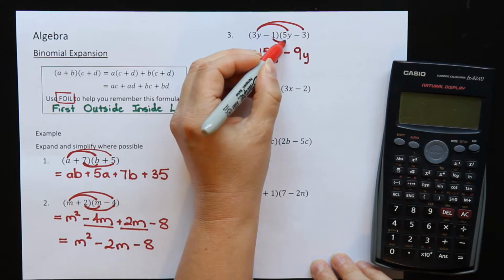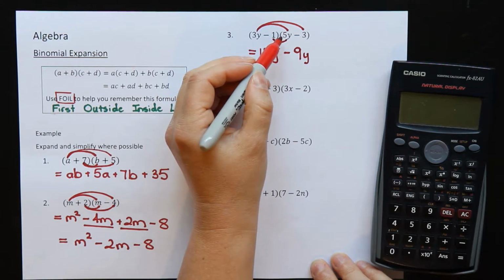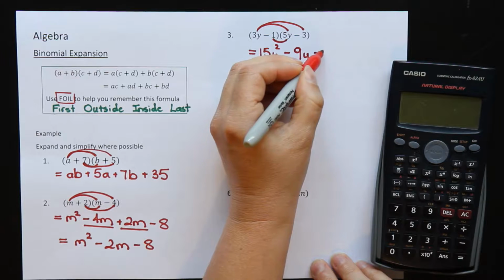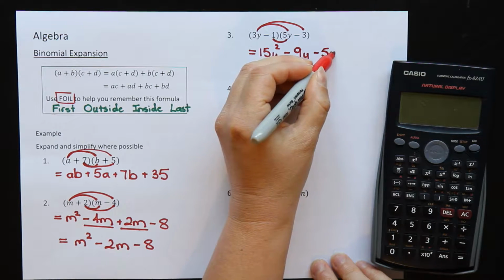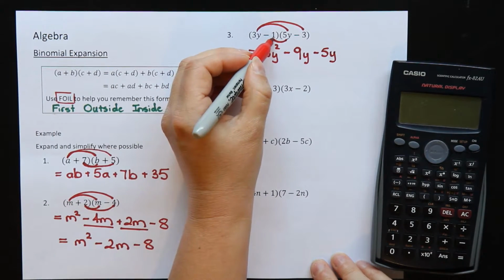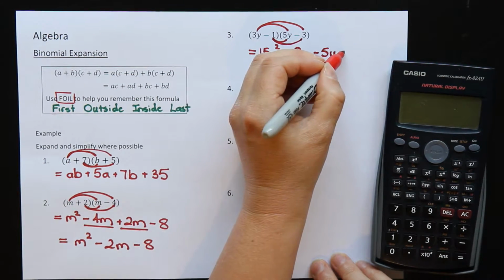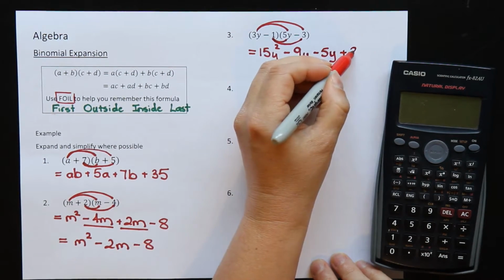I is for inside. Minus 1 times 5y. Minus 1 times 5 is minus 5, and the y sits after. And last, minus 1 times minus 3. Minus and minus makes a plus 3.